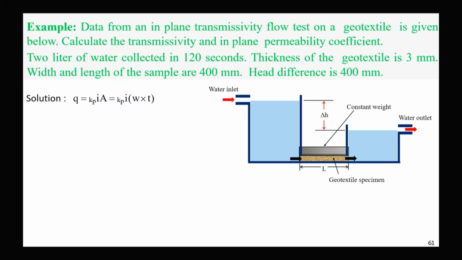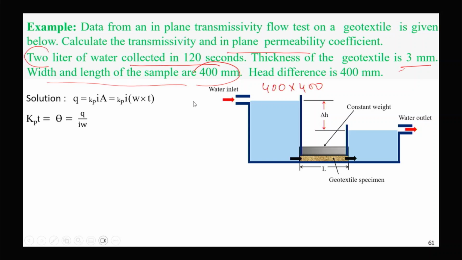Calculate the transmissivity and in-plane permeability coefficient. 2 liters of water were collected in 120 seconds. Thickness is given as 3 millimeter, and width and length are 400, so 400 by 400 is the specimen size.